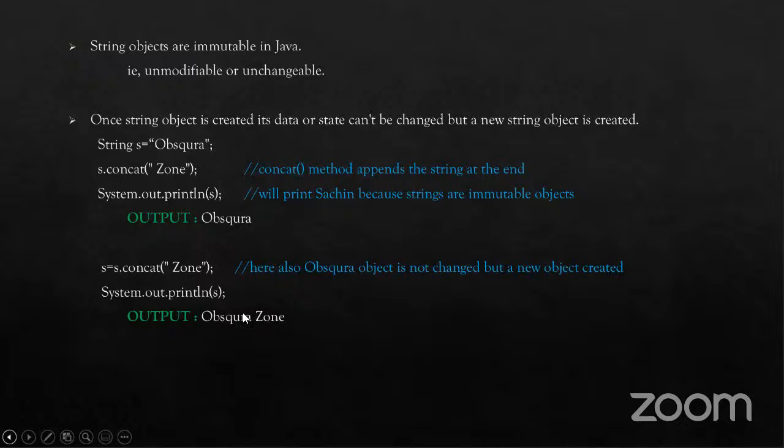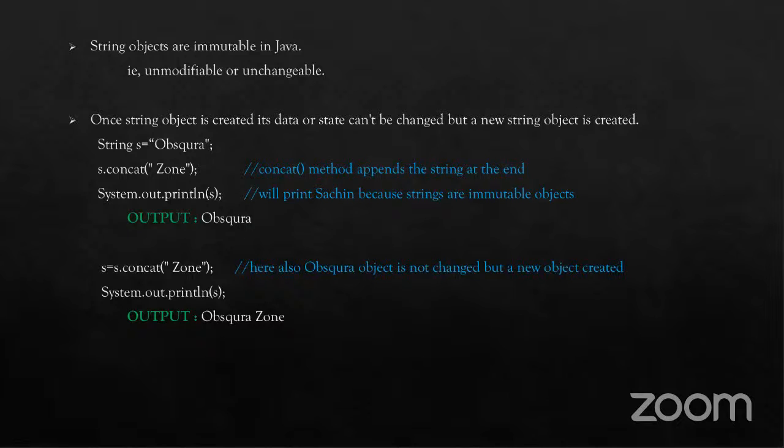What is happening here is that this creates a new object. This does not change the original obscura object that I showed you before, inside the string constant pool. In the string constant pool it creates obscura first, and a second object obscura zone is created.